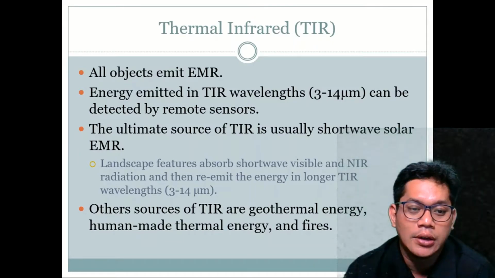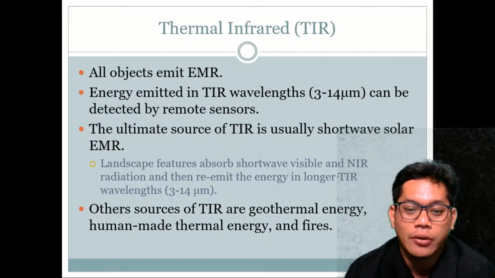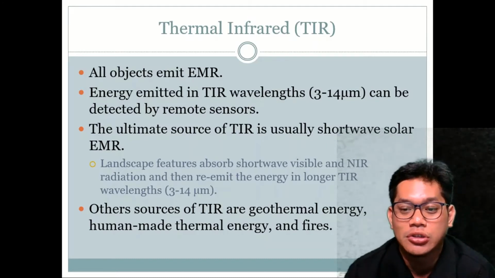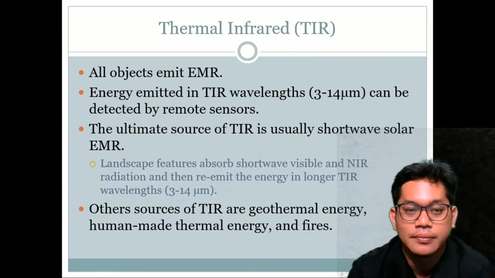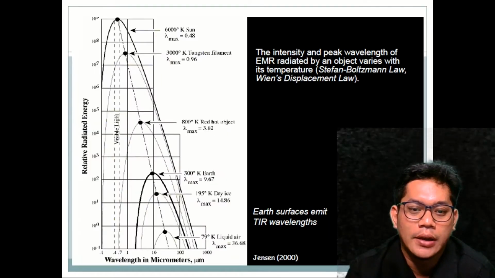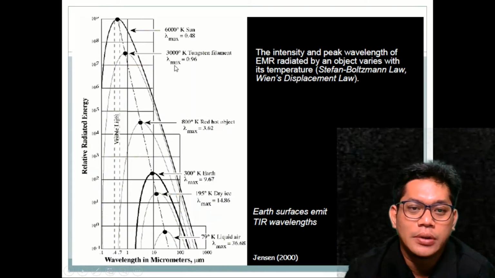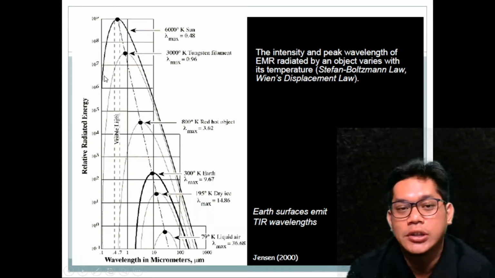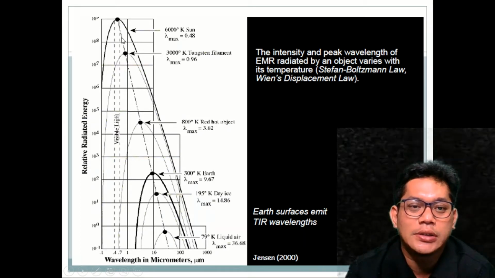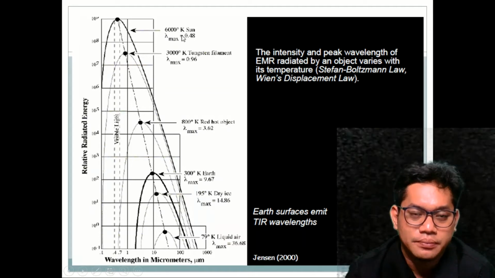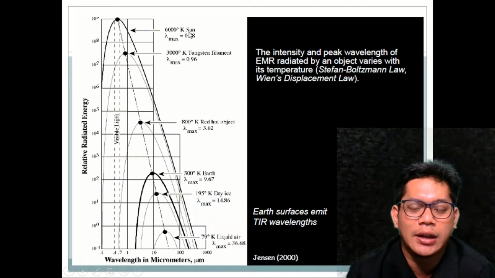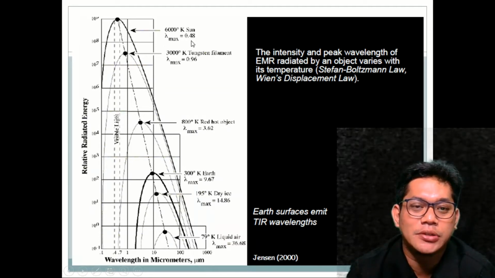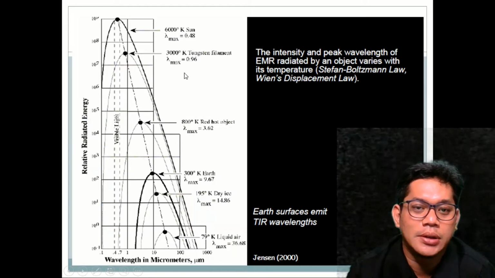Apart from that, our Earth also produces its own thermal energy, such as geothermal energy, or human-made thermal energy such as fires. Now we look into the elements of the radiated energy. The Sun has the highest temperature, which is 6000 Kelvin, and the lambda maximum is 0.48 micrometer.